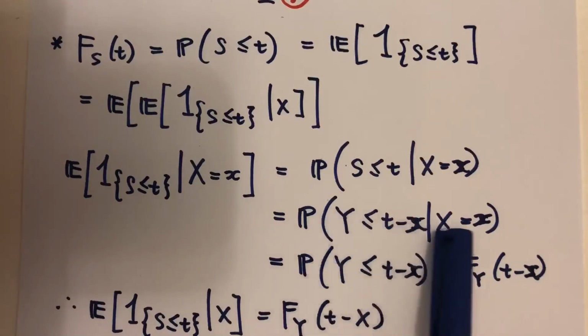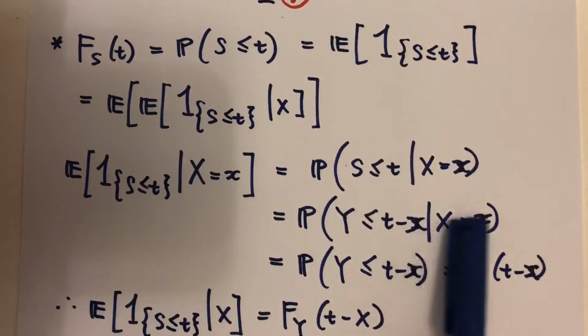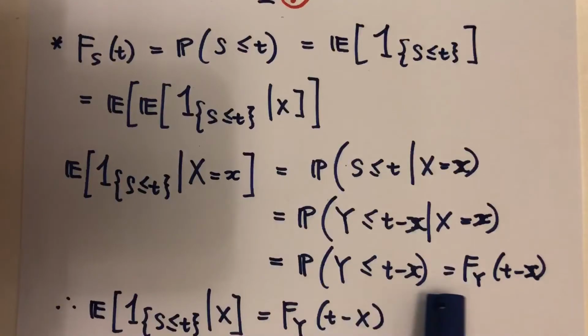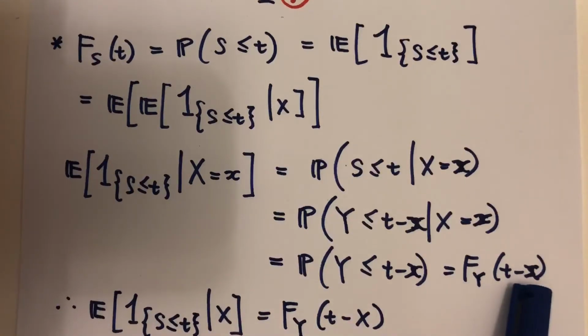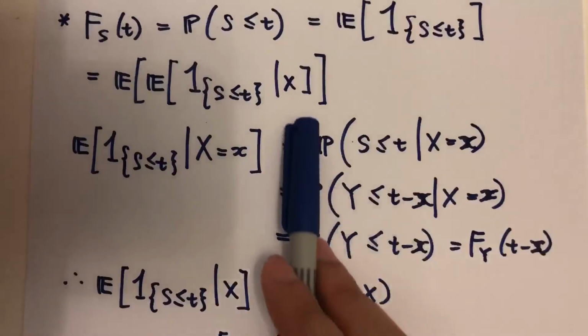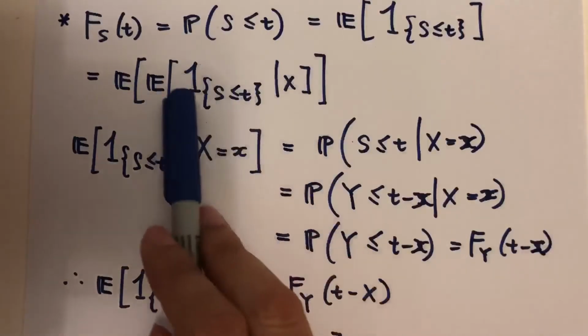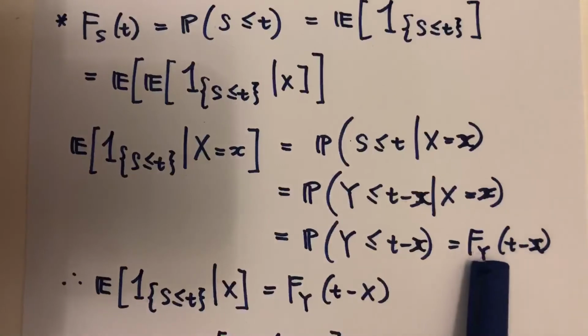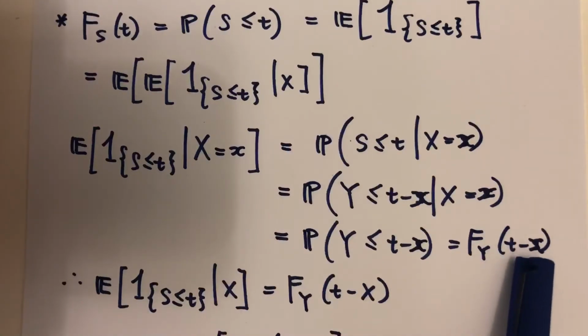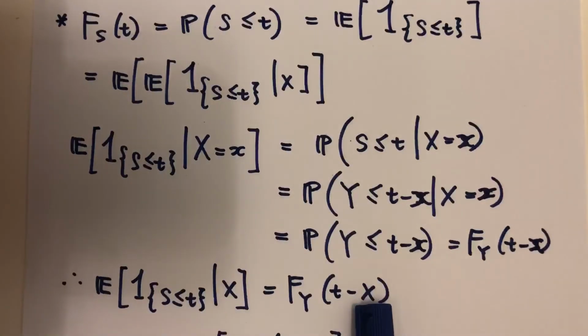But then X and Y are independent, so now we can throw away this condition. It becomes the CDF of Y evaluated at t minus x. Therefore, the inner conditional expectation equals F_Y(t minus x), but with this small x replaced by the random variable X.